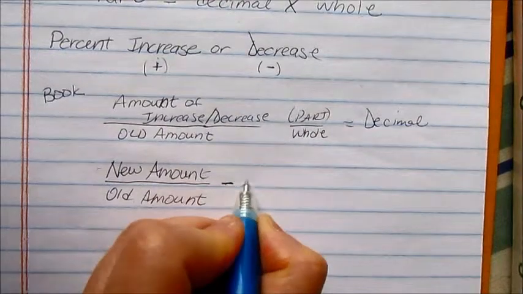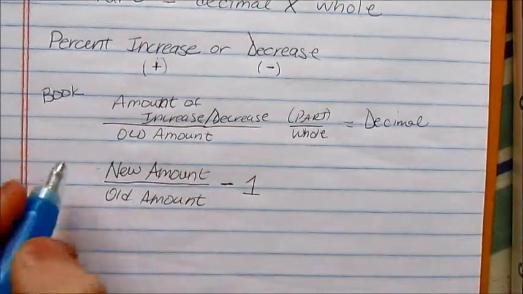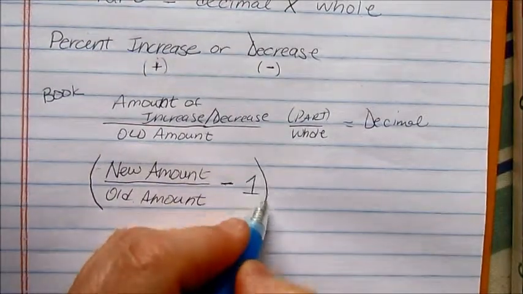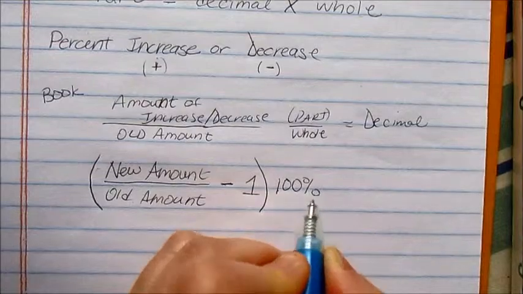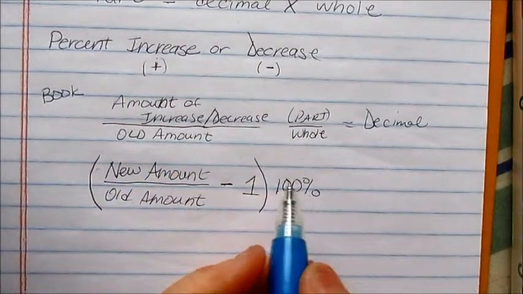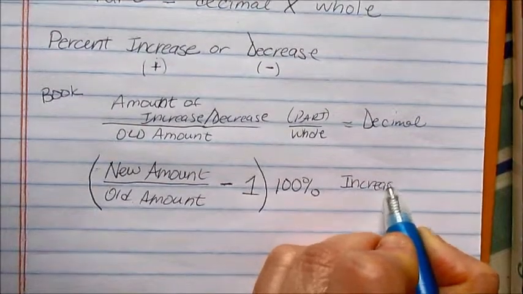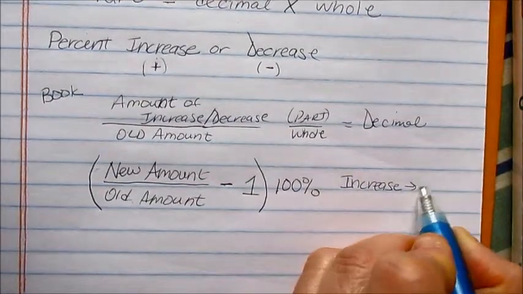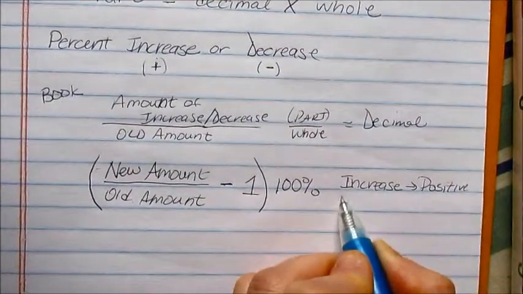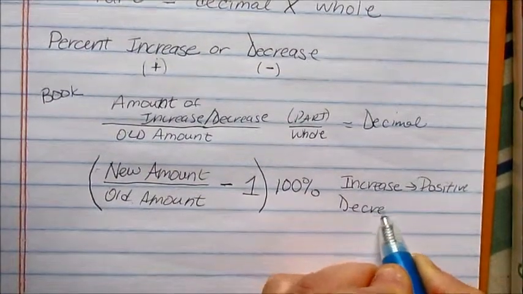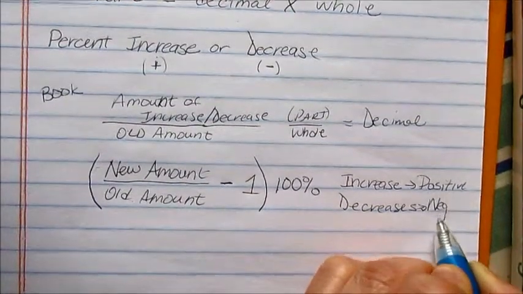So if we subtract 1 and then multiply the whole thing by 100%, increases will be positive and decreases will be negative.